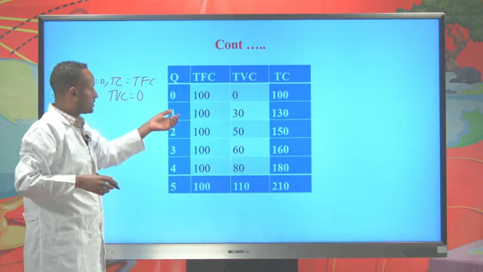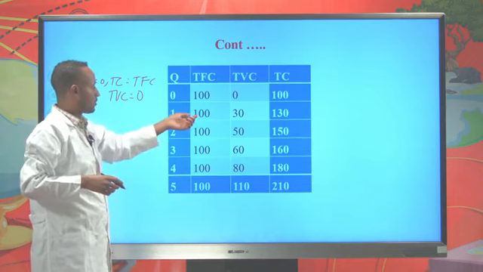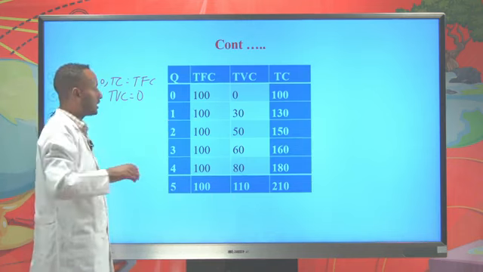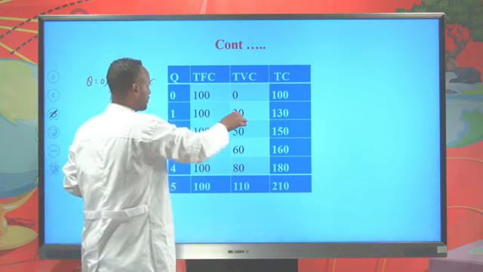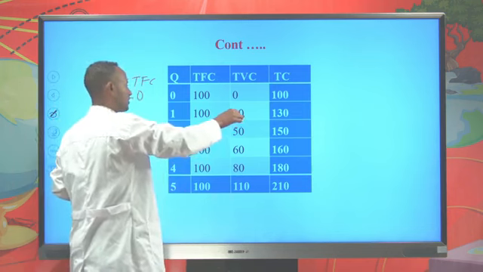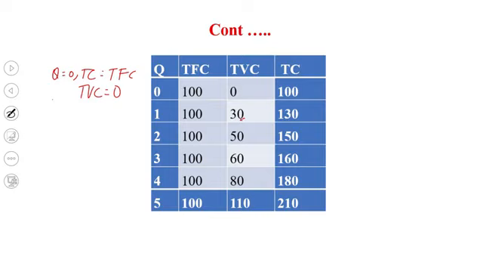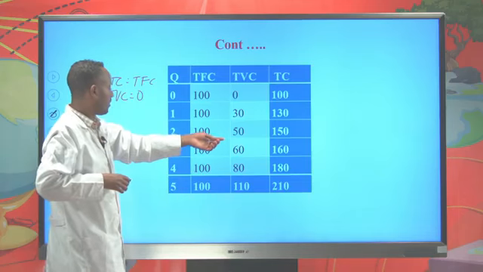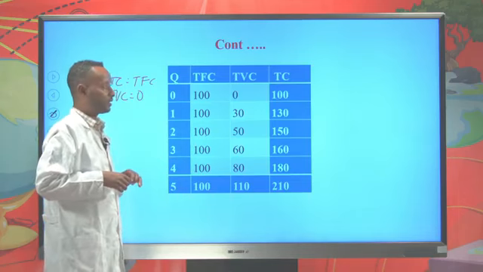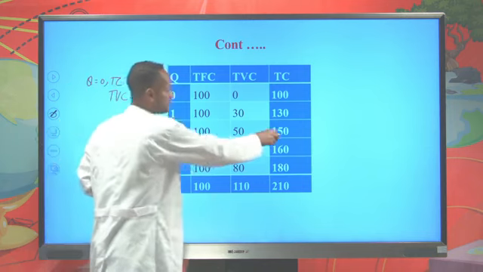If the total fixed cost of producing one unit of a commodity is 100 birr and the total variable cost is 30 birr, then the total cost of production is 130 birr. If the total fixed cost of producing 2 units is 100 birr and the total variable cost is 50 birr, then the total cost is 150 birr.